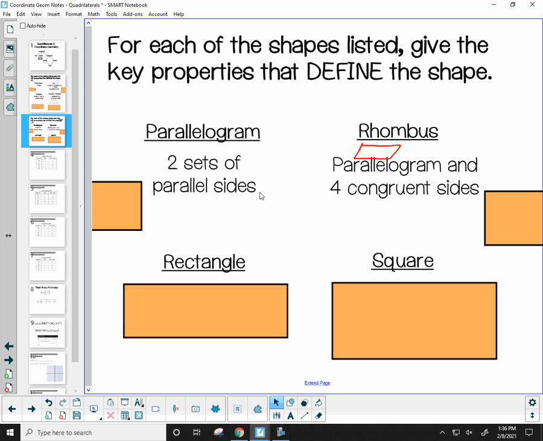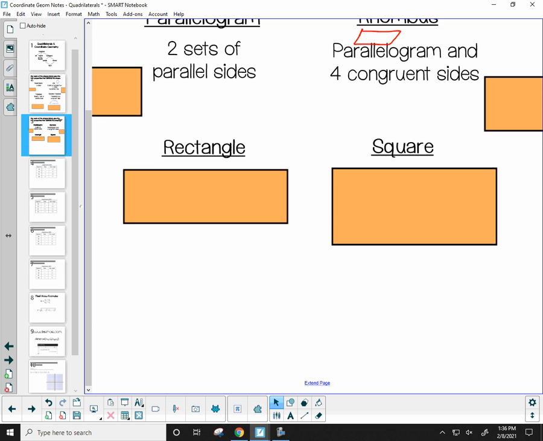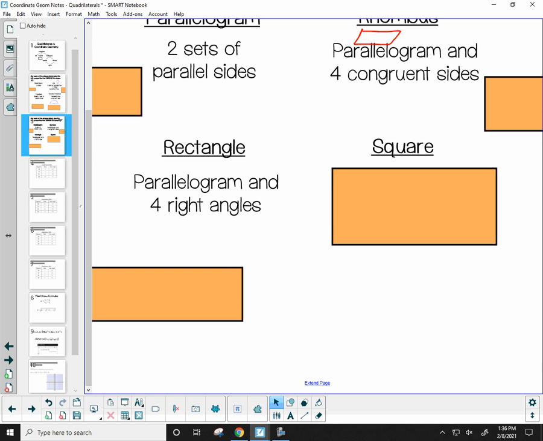You good there? Okay, then we have the rectangle. So rectangles are parallelograms with four right angles.